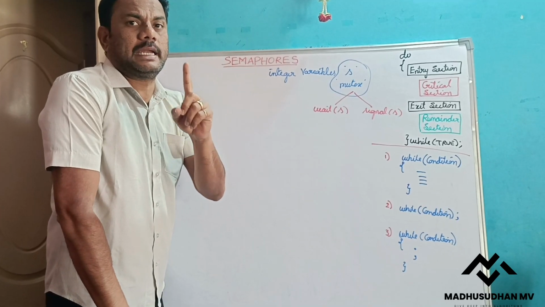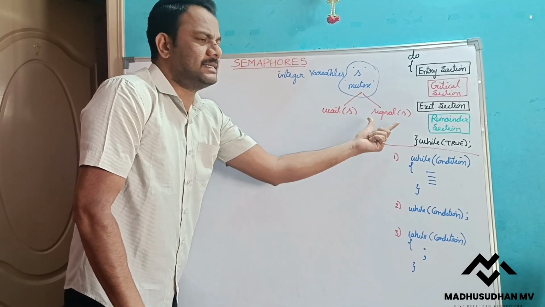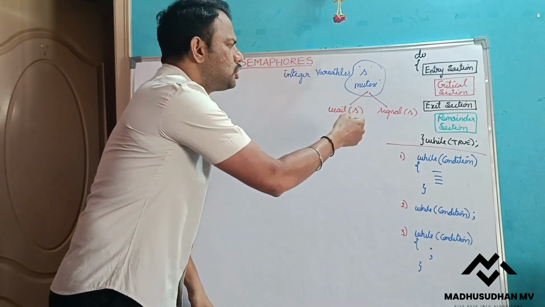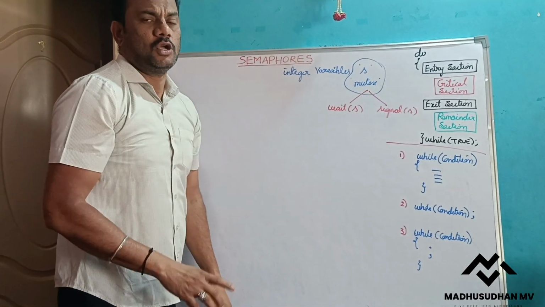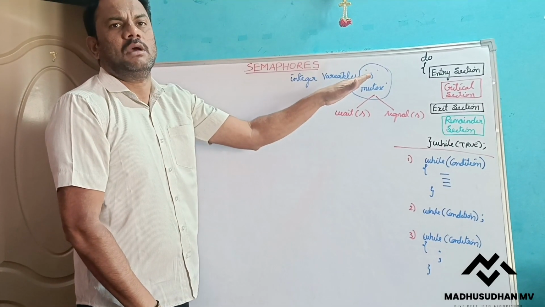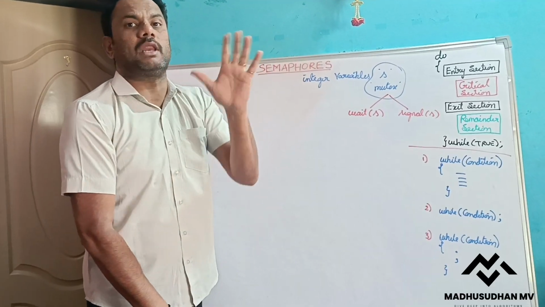Again, atomic means non-interruptible, and those atomic operations are wait and signal. Only these functions should access the semaphores, and no other instruction can access them. So that's what we call semaphore variables.